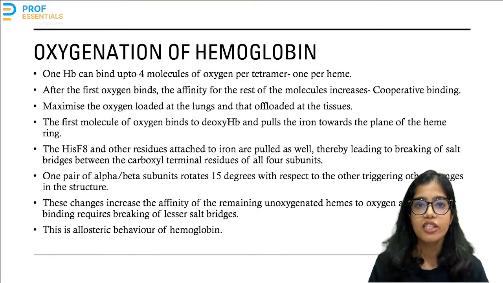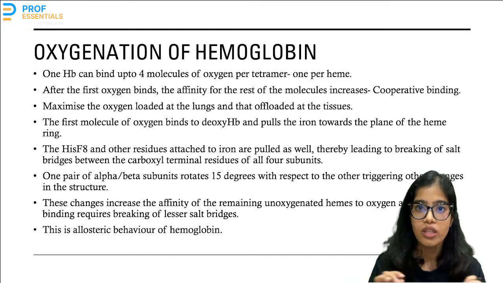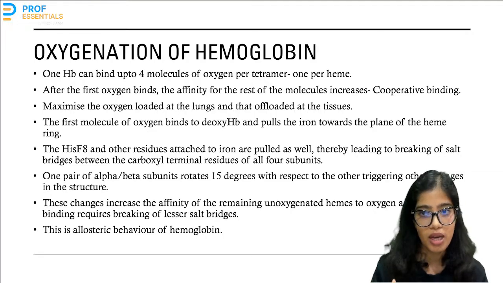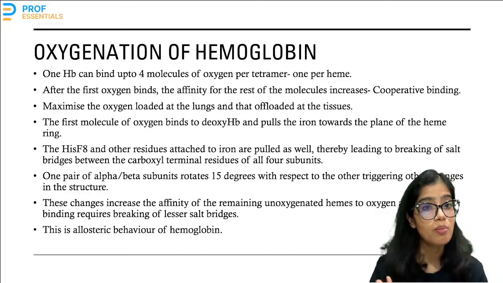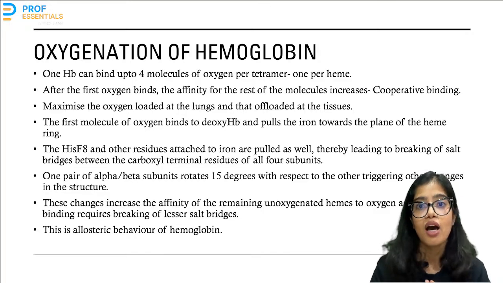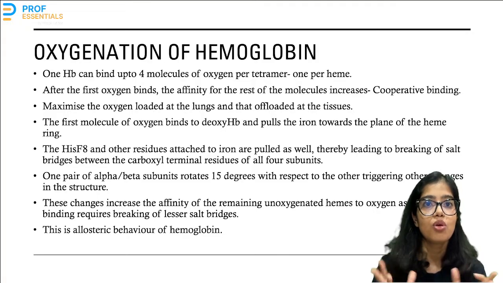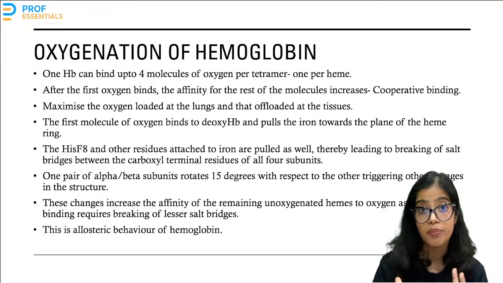Now, these residues are attached to the nearby residues by salt bridges. Okay, salt bridges are ionic bridges. So, the carboxy terminals of these residues are attached to the nearby residues by salt bridges. Now, if they are pulled up, then these salt bridges will break. Once these salt bridges break, the hemoglobin molecule will be slightly unstable and it can twist.